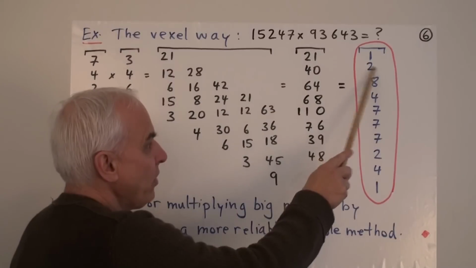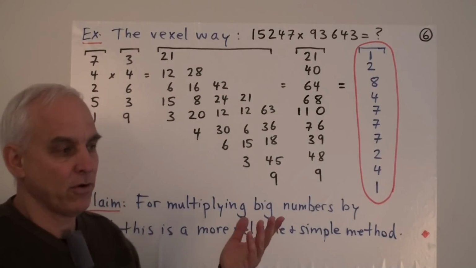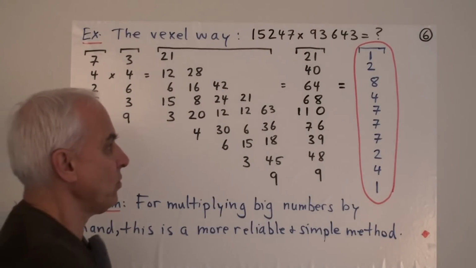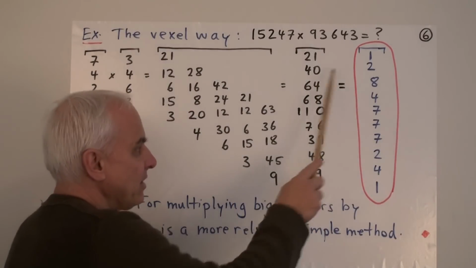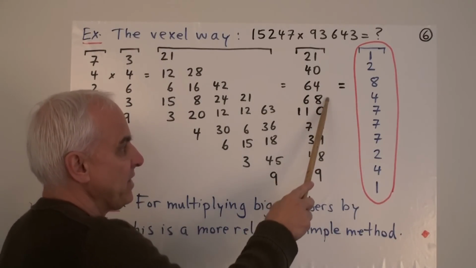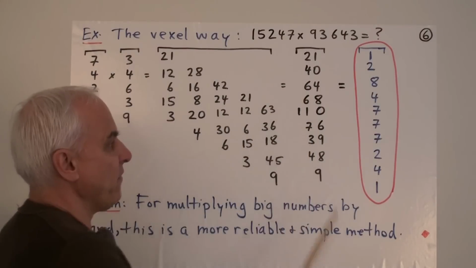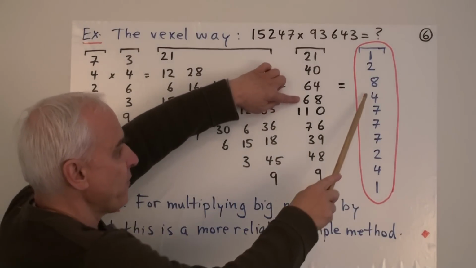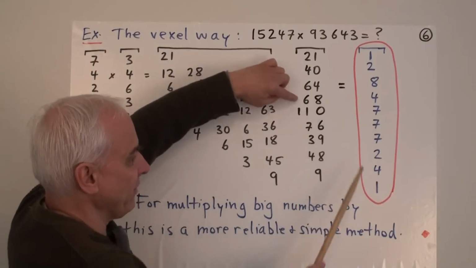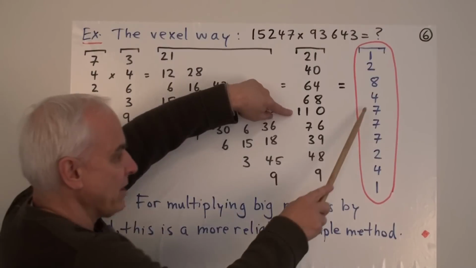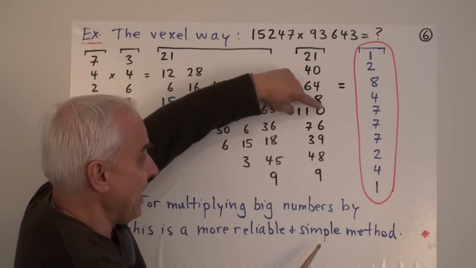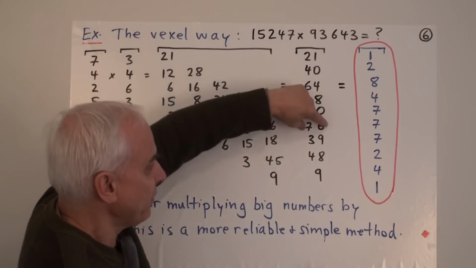We write down the 2, and we take the 40 and convert them into 4 of the next type. So now we have 68 of these. We write down the 8 and convert the 60 into 6 of the next kind, giving us 74. We write down the 4 and then convert the 70 into 7, giving us 117. We write down the 7 and convert the 110 that's left over to 11 of these.